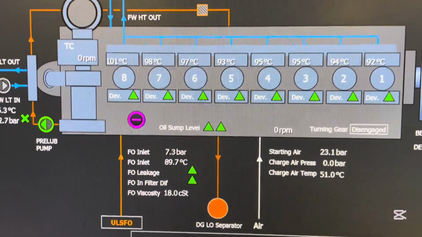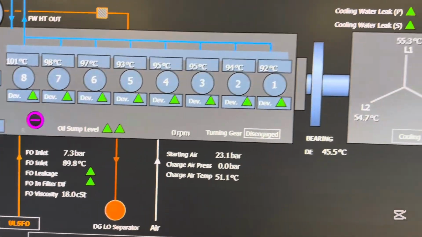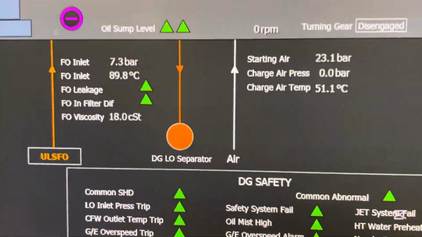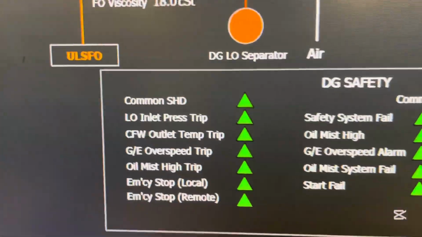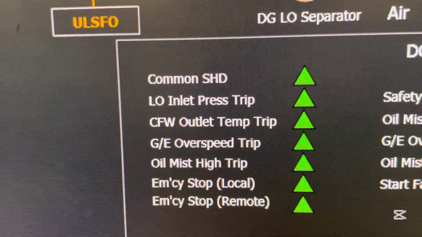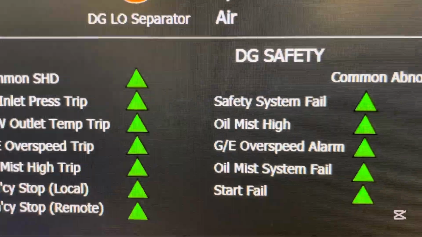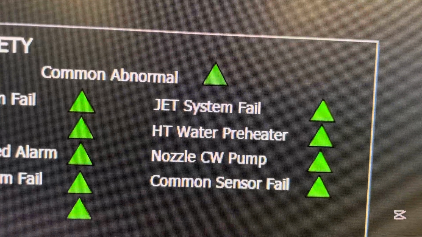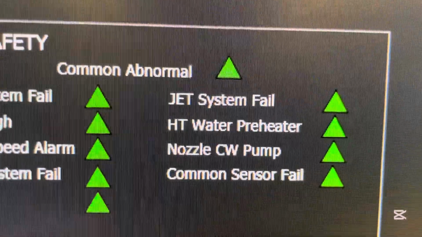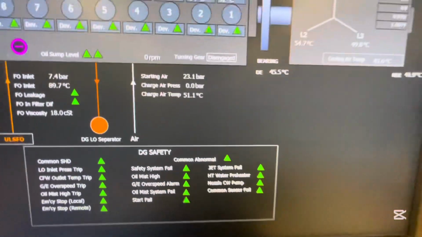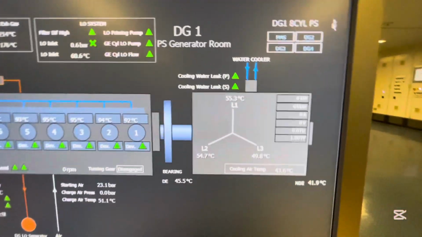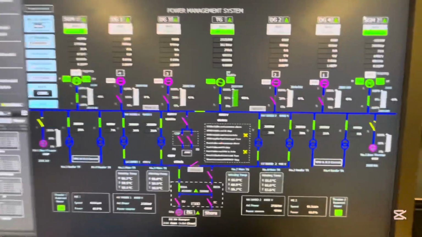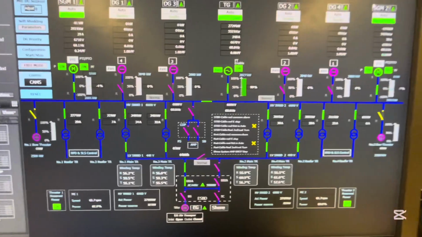Now, this is the third area, from where I can monitor the alarms and trips, as well as control by setting the alarm values of the auxiliary engine. This is the CAMS, the control and alarm monitoring system. I can see whether alarms are okay or abnormal, like jacket cooling water high temperature alarm, lube oil low pressure alarm, and trips like engine overspeed trip, then fuel oil inlet high temperature alarm, fuel oil leakage alarm, and the engine sump tank level alarm.